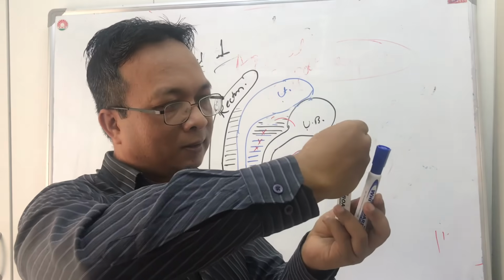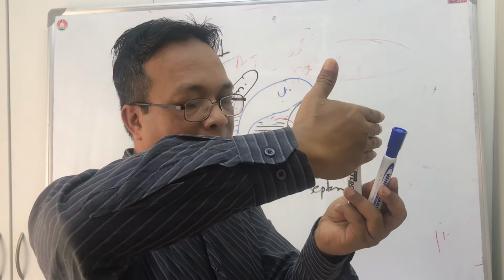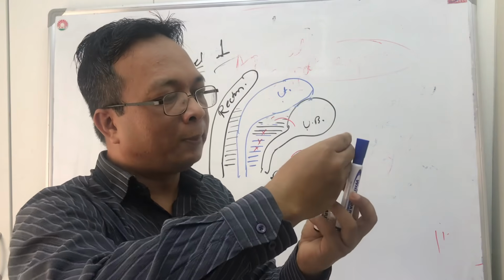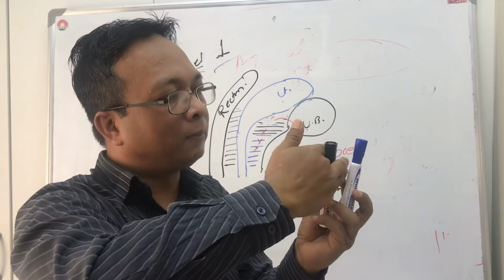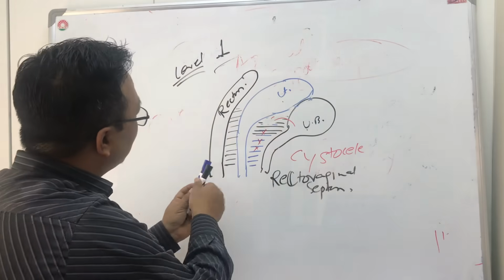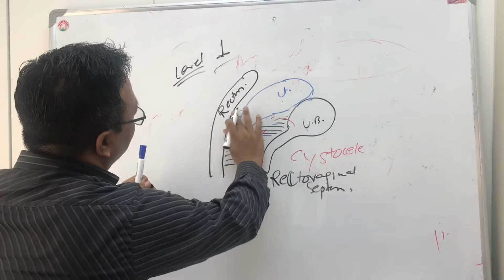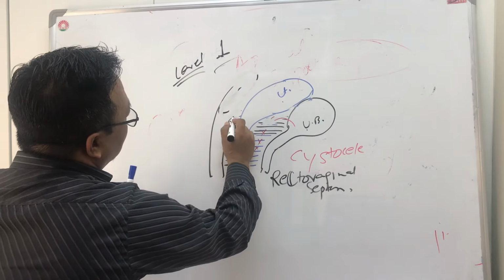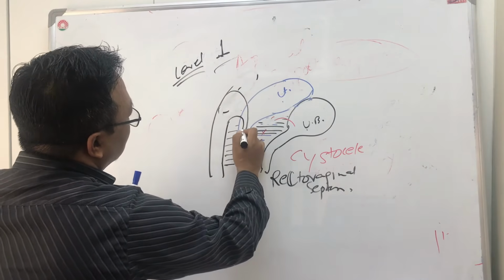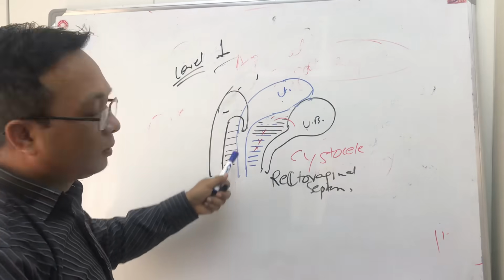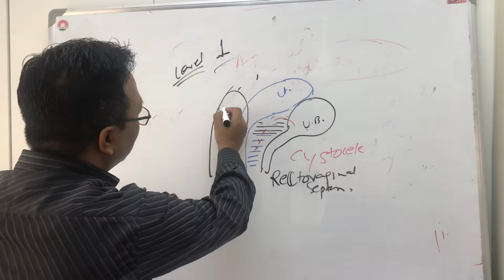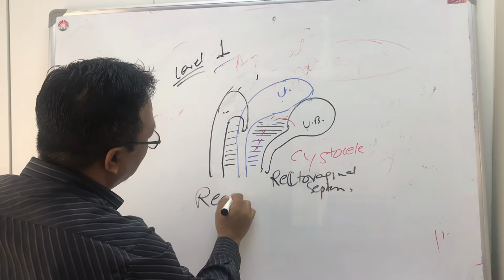If this septum has a defect, a tear, then what will happen? The rectum will come through this septum, along with the vagina, through the vagina. It will be called a rectocele.